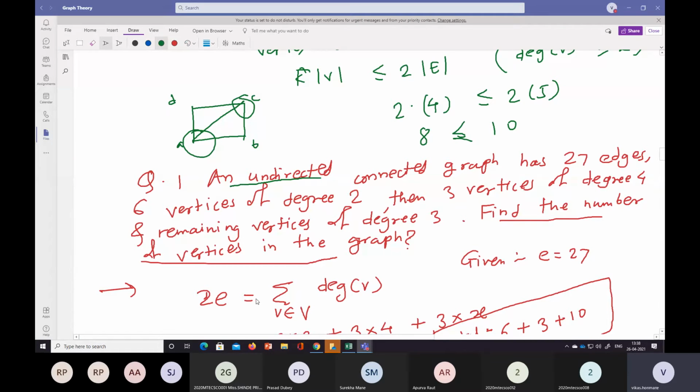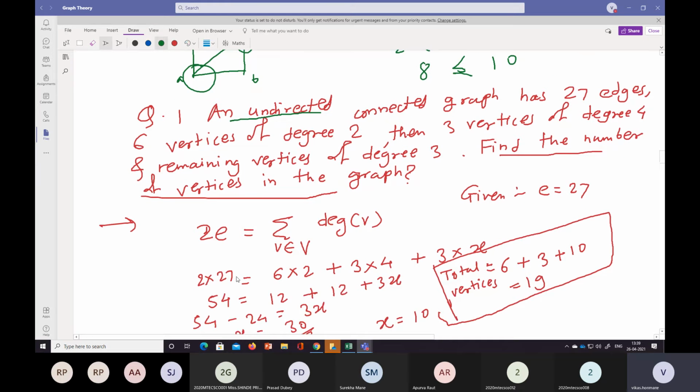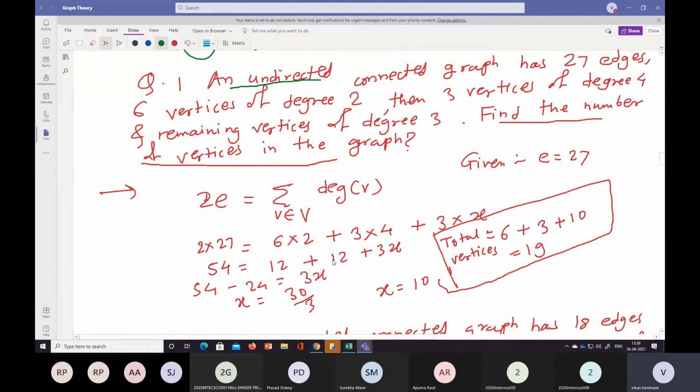So 2 into 27 is equal to the sum of degrees of all vertices. 6 vertices of degree 2 gives 6 into 2, plus 3 vertices of degree 4 gives 3 into 4, and the remaining vertices we assume are x, so x into 3. So 2 into 27 is equal to 6 into 2 plus 3 into 4 plus 3 into x. So 54 equals 12 plus 12 plus 3x. If we simplify this, we get x equal to 10.